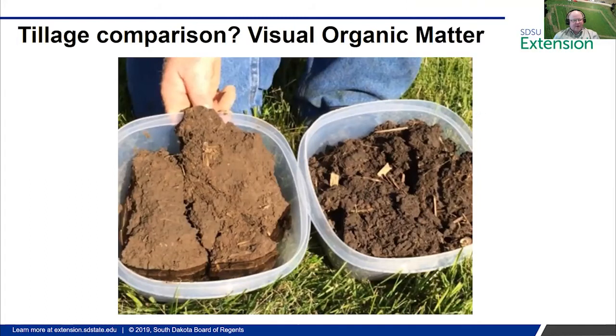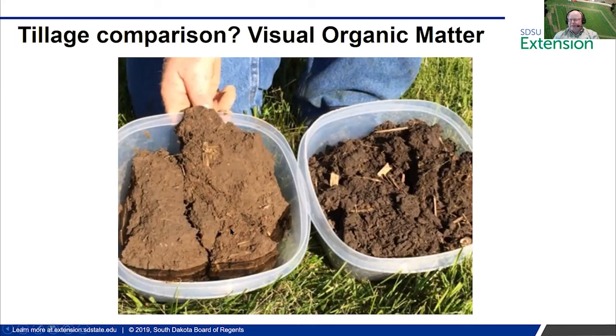Let's focus on carbon. Here's a picture of two samples right across a gravel road from each other, same soil type, same texture, everything the same except the management. The one on the right, at the time when I took this picture, had 27 years in a no-till management situation.